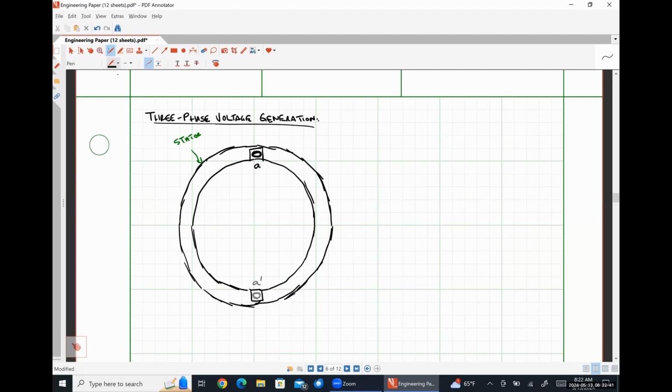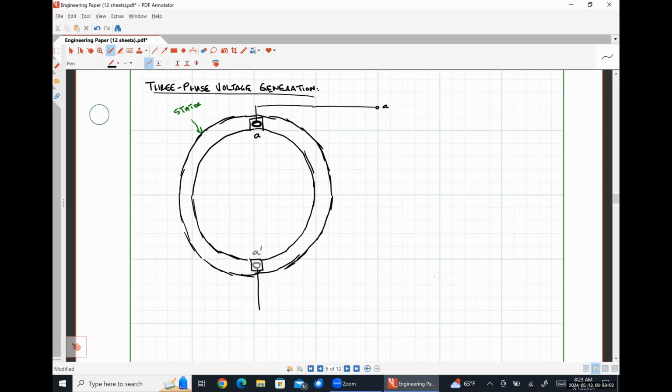And so we're also going to have access to these terminals external to the device. So I'm going to call this guy right here A. And then here's my neutral connection. And I'm just going to bring that down over here.